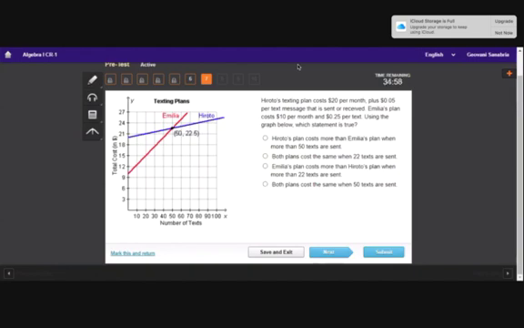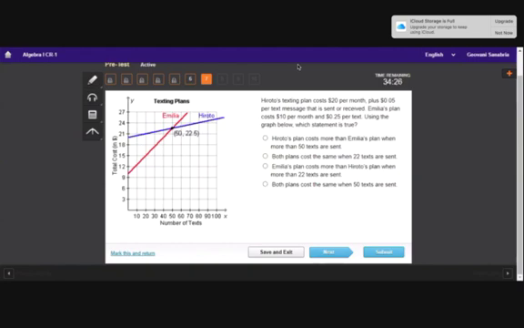So at 50 texts, the y value is the same, whatever the y value means. Yeah, that's where it crossed. Total cost. You can see on the y it says in those parentheses, 22.5. So Hiroto's plan costs more than Emilia's plan when more than 50 texts are sent.